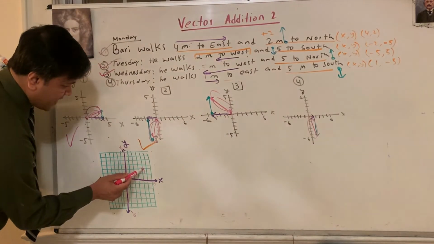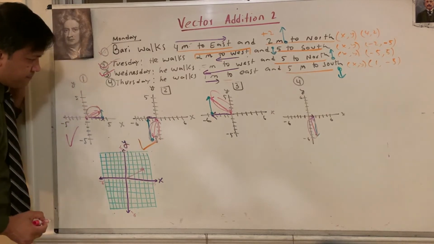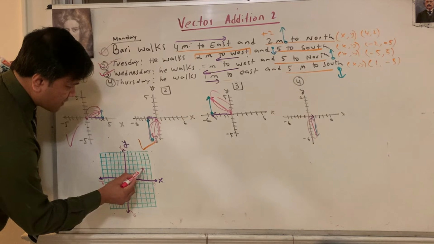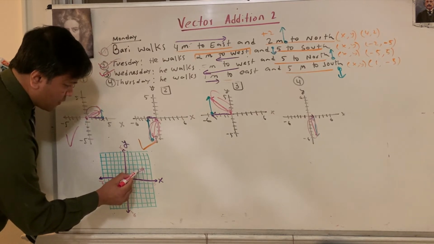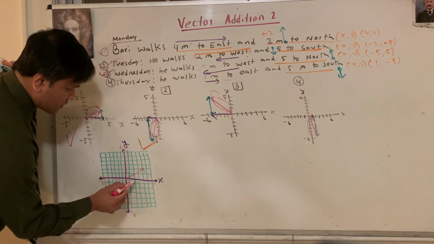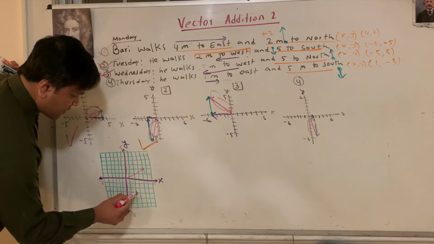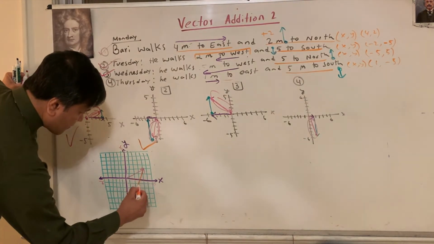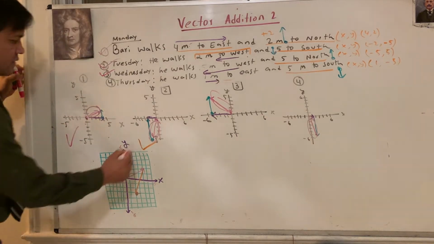So we're gonna go to the head of this one and draw this one. Okay, so we are on the head of this one, and then we start counting. -2, 1, 2, and -5. 1, 2, 3, 4, 5. This is the next one. Alright, we're done with this one.